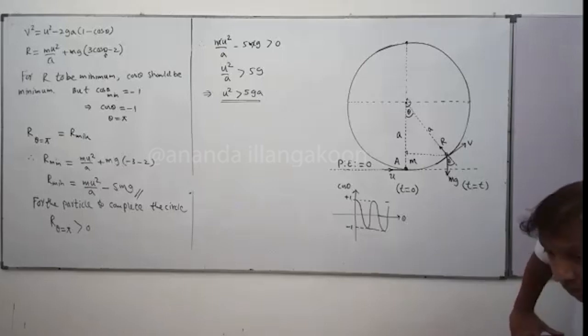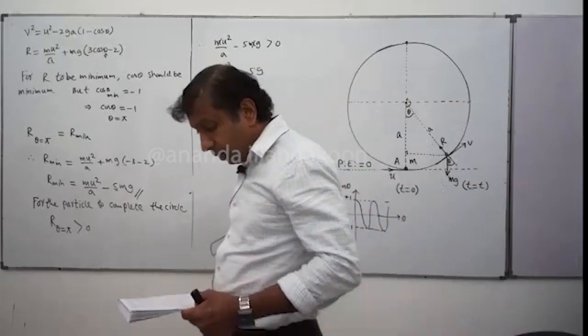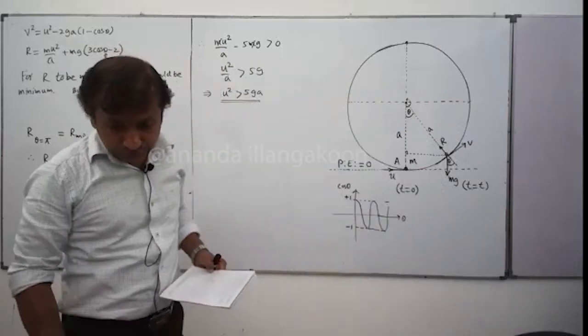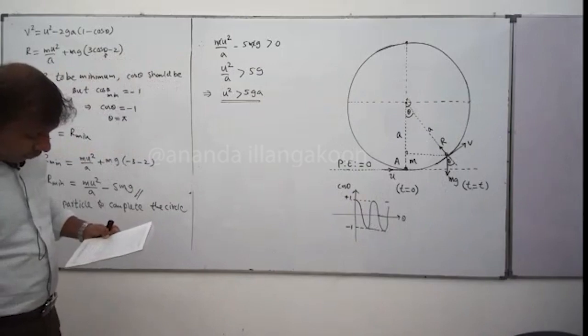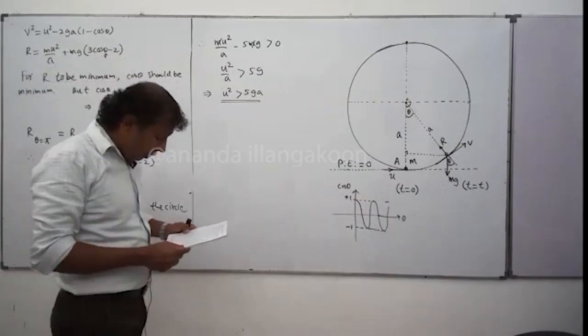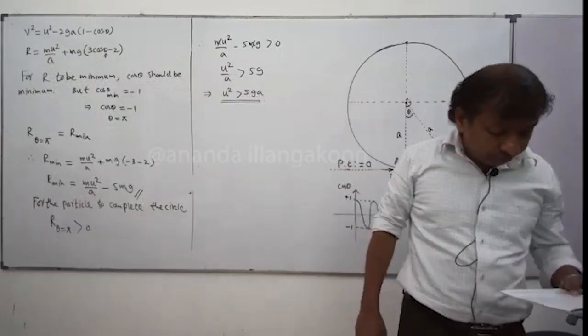A circular smooth tube of radius a, center O, is fixed in a vertical plane. A particle of mass m is placed at the lowest point A of the tube and is given a horizontal velocity u.